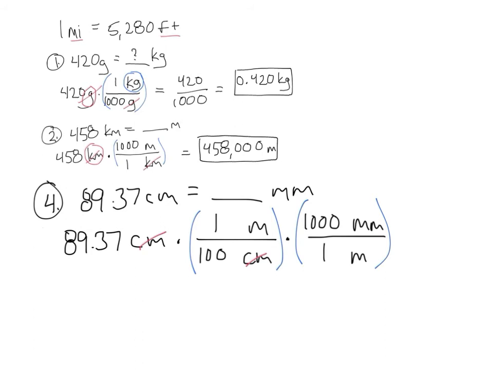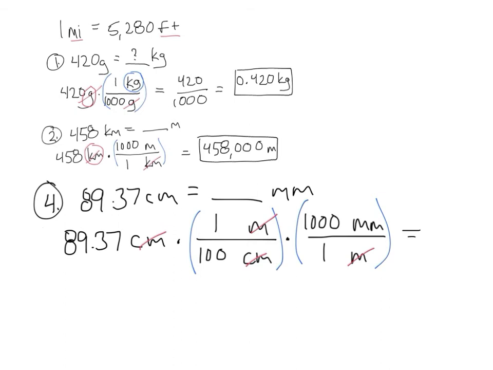Also, does it have the function of canceling out what we did have and convert to a new unit? Yes, it does, because meters being on the top and the bottom right here cancel each other out. So, we now have millimeters, which is what we want. So, all we need to do is just multiply across.